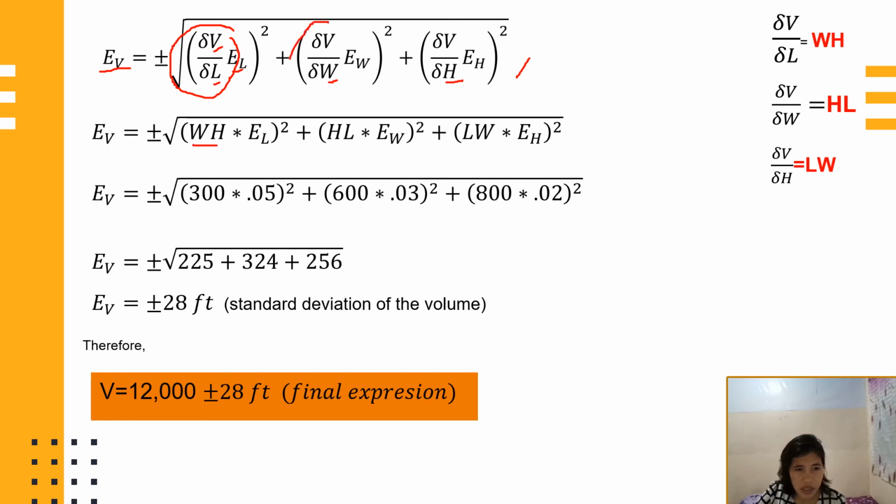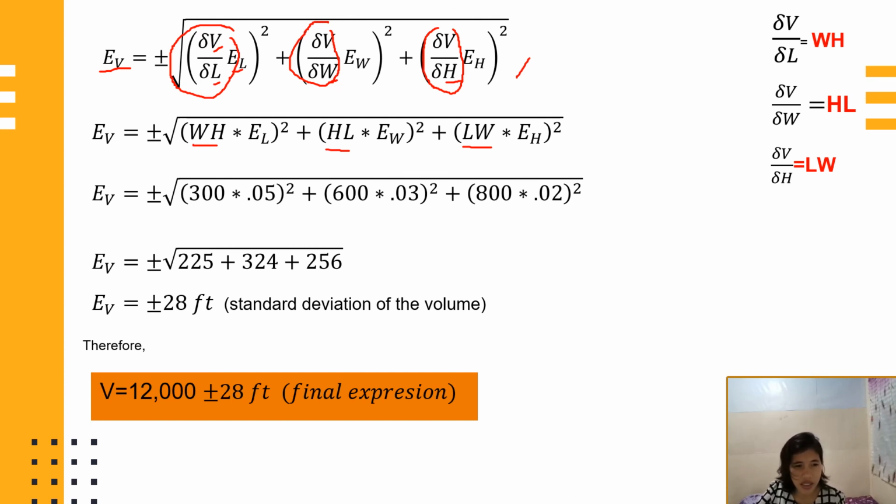This one is equivalent to HL. If you take the derivative, this one is also equivalent to LW. So, we substitute the formula W times H, which is, just check the given values.